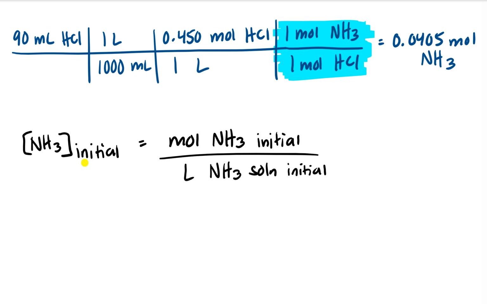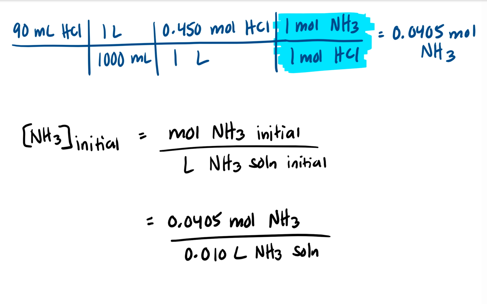I am writing the word initial because that's going to help me choose the right numbers to plug into this equation. I want to take the initial moles of ammonia and divide it by the initial volume of ammonia that we placed into the flask.